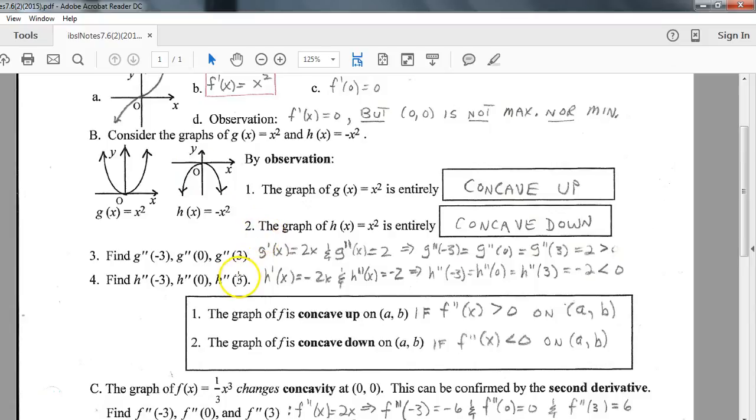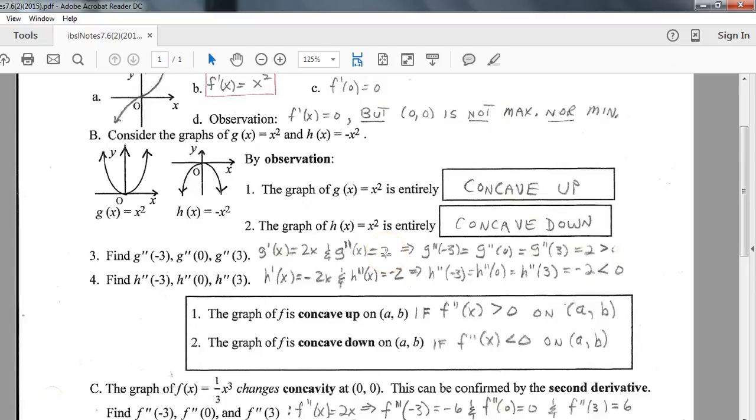But this is now working with a second derivative. If you take a function like x squared and get the second derivative of that, you get just 2. So you did the first derivative and got 2x. The derivative of that is just 2. Well, that's a consistent positive number.